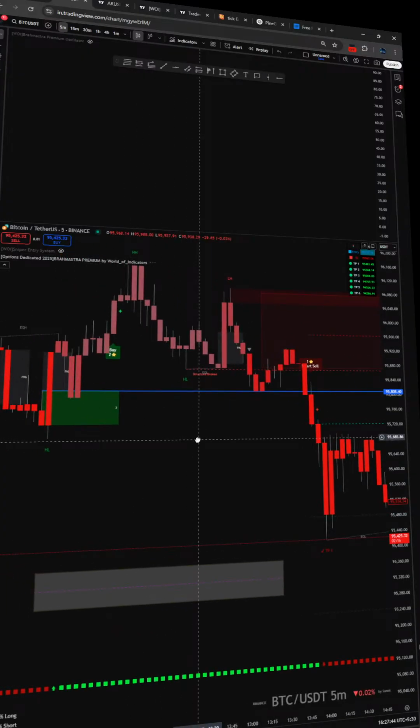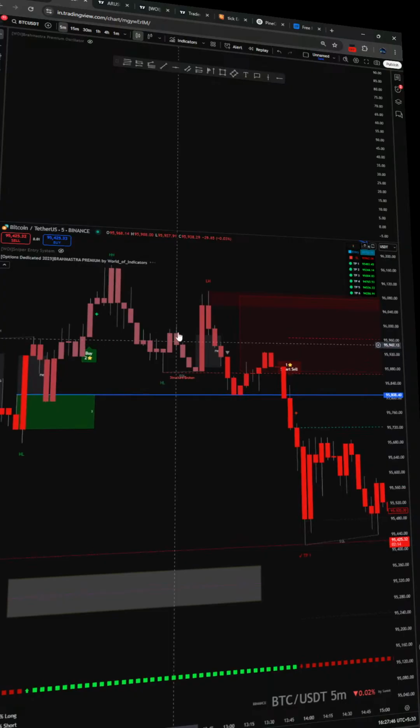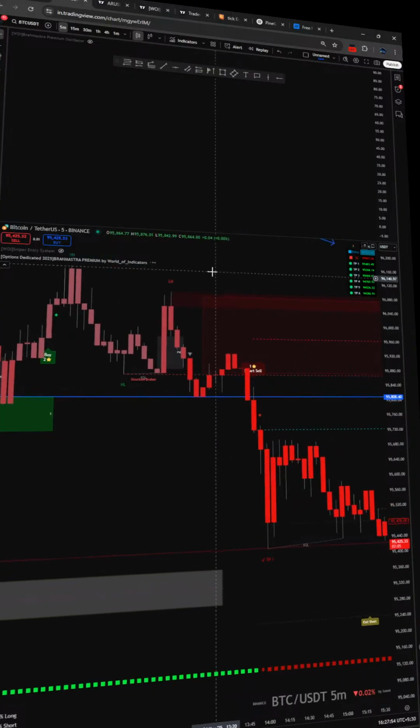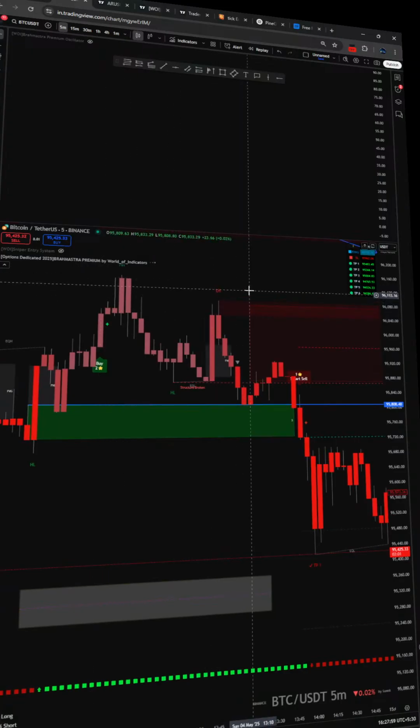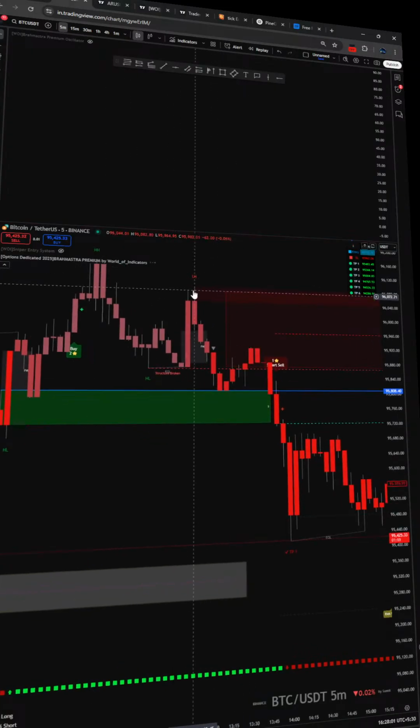Here you can see a higher low and a lower high. A higher high was not formed here, meaning the higher high is not broken by this lower high formation, or the bulls are not strong enough to break this level. So this lower high is formed and we can see that the downtrend started.